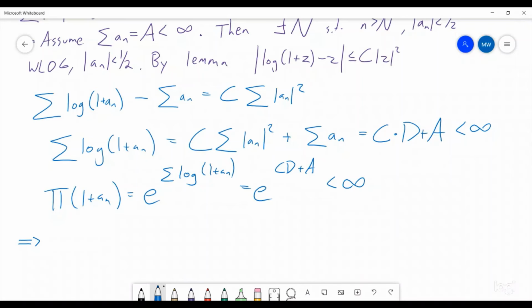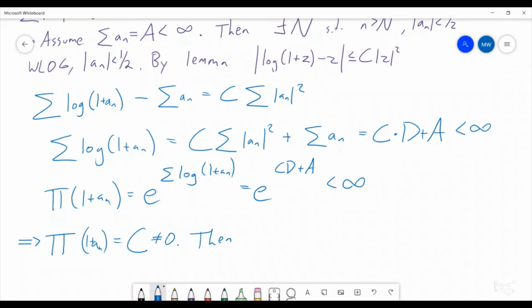We're going to start by saying that the product of 1 plus a sub n's is equal to some finite number. Let's call it, in this case, c, and that is not 0. Then, because it's not equal to 0, we can take e to the log of that.